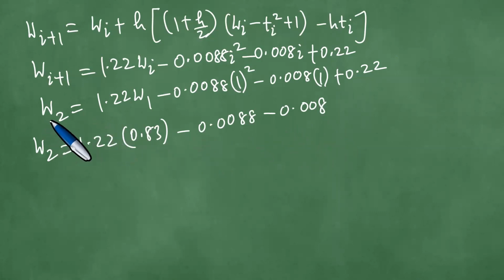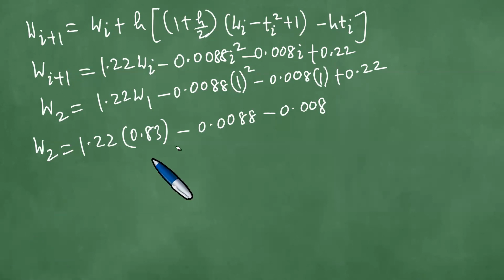Right, so we're dealing with W2, so this is W1, which is 0.83. Just need to check this, 0.008. The i here is going to be the next i, so it's going to be 0.2. Just watch that out because of the usage here.